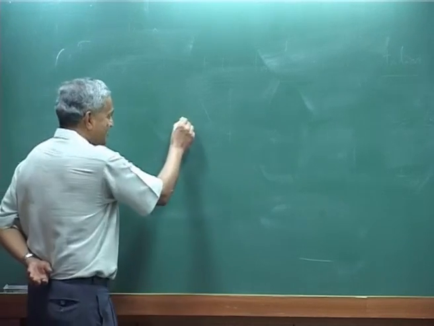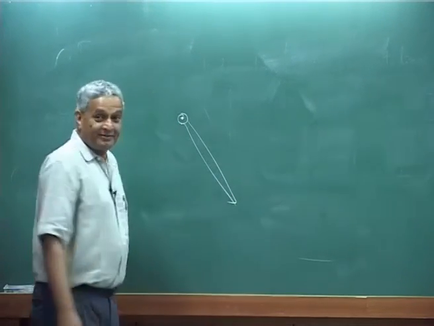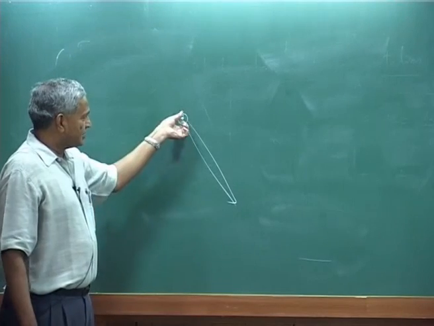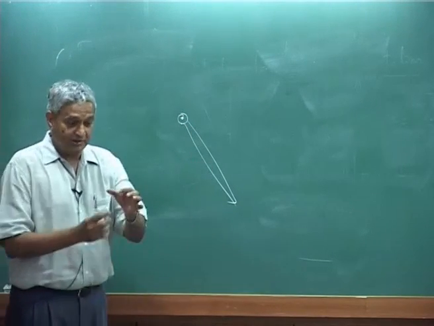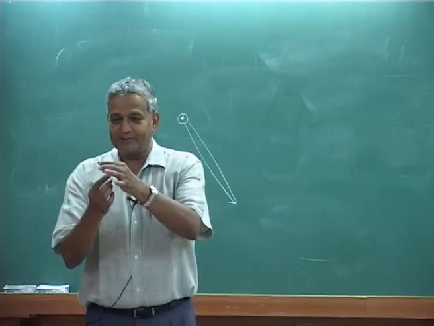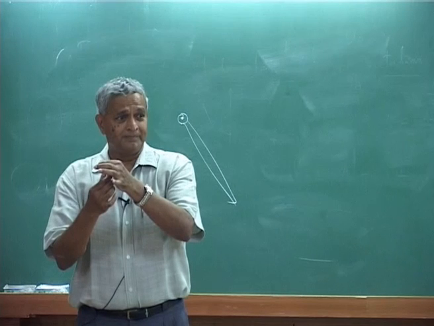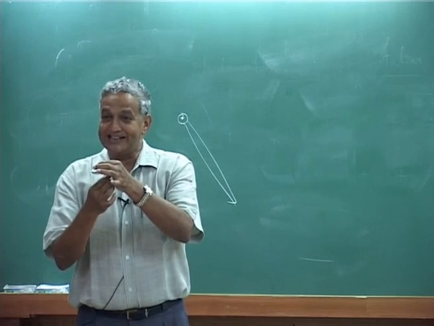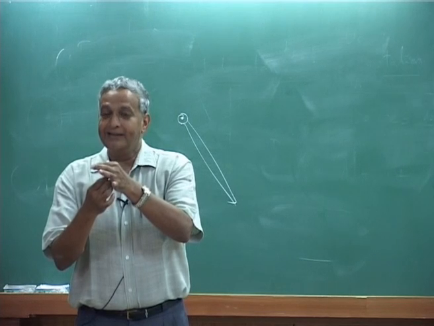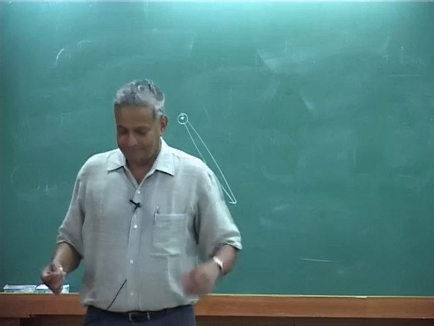Because if you have a hinge, suppose you say this is the hinge, by rotating this, will you rotate this? No. See, this is the shaft, I put a hinge. If I rotate this, nothing will happen. So, I cannot have a centrally lag hinged rotor.